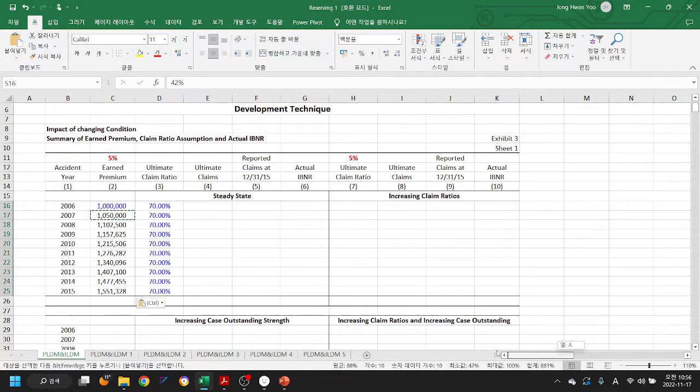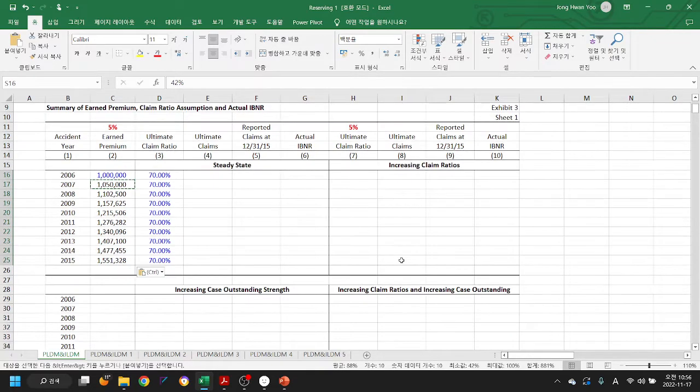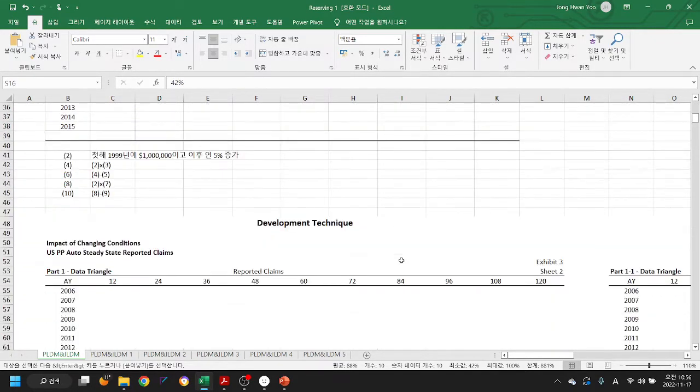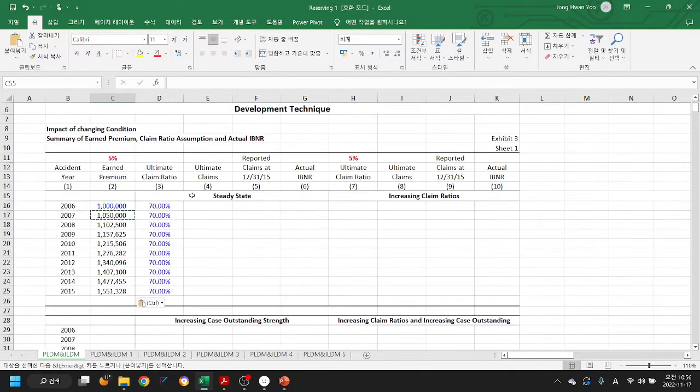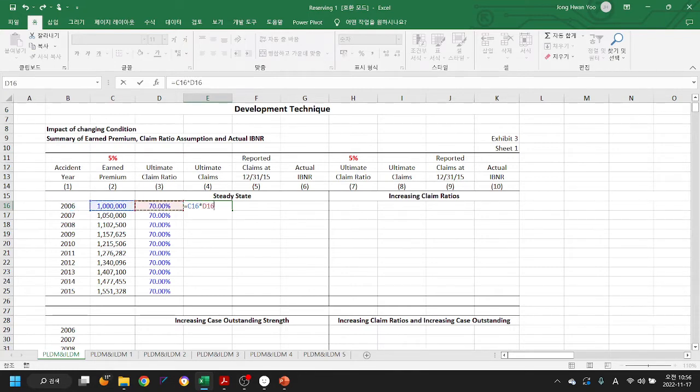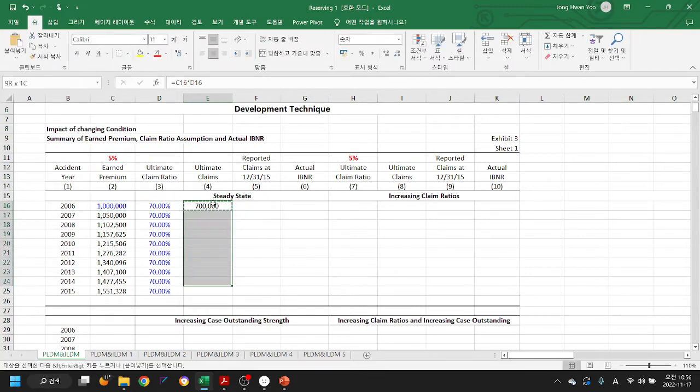With the very simple assumptions given, I'm able to create the reported claims first, because first I have to calculate how much ultimate claims I have. With the given earned premium and the accident year ultimate claim ratio, obviously I have all the ultimate claims for all accident years.